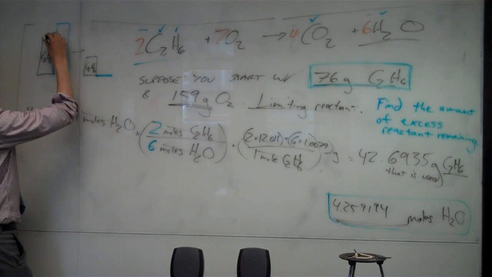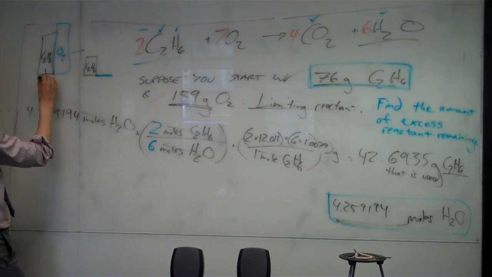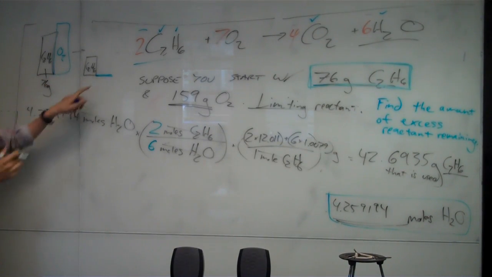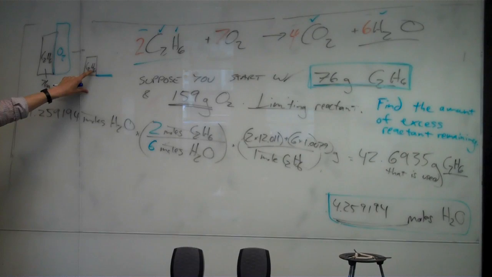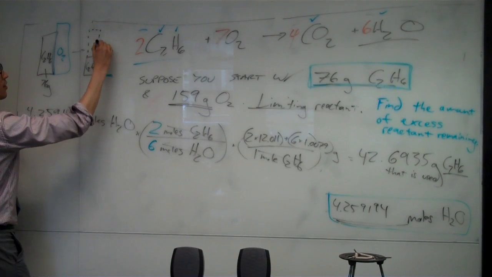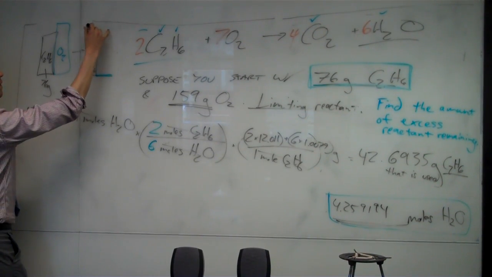At the beginning, we had a lot of the C2H6. In fact, we had 76 grams of that. At the end, we want to figure out how much is left over in our tank after this reaction has all been used up. What we just did is calculate the amount that has been used up, this dotted area.